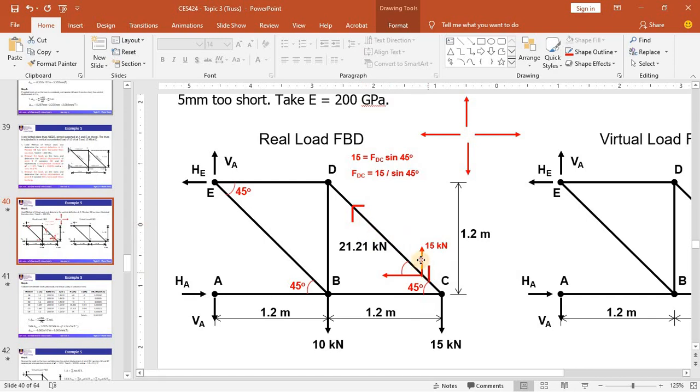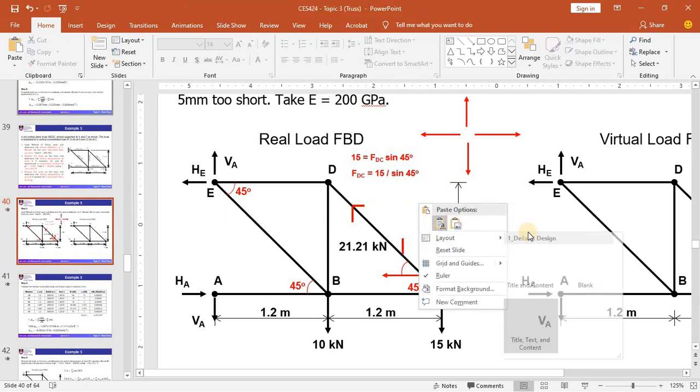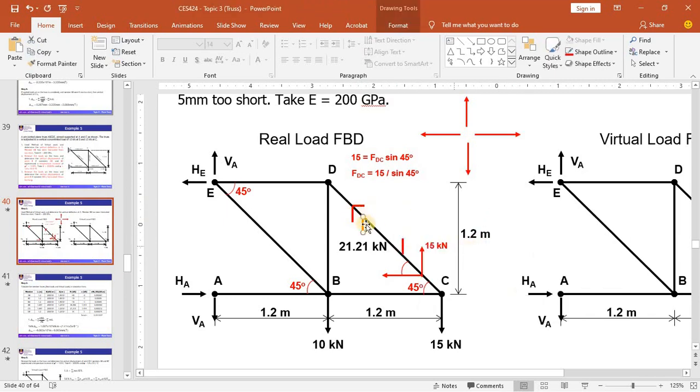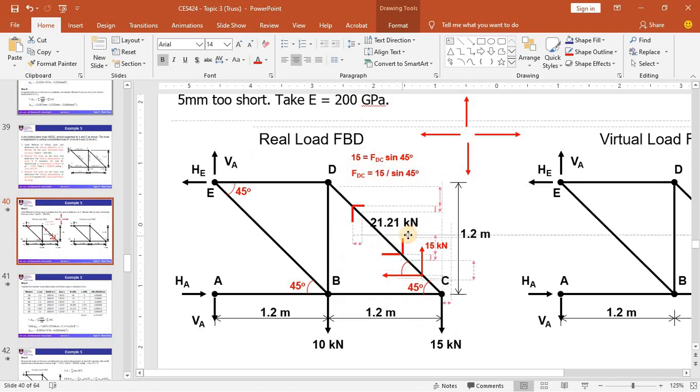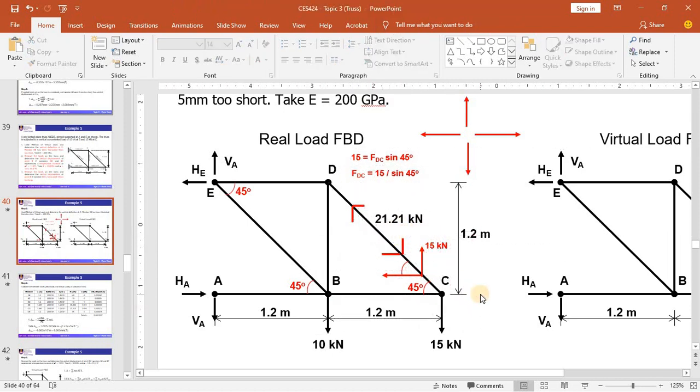So this is the arrow for the internal force of this member. So 21.21.